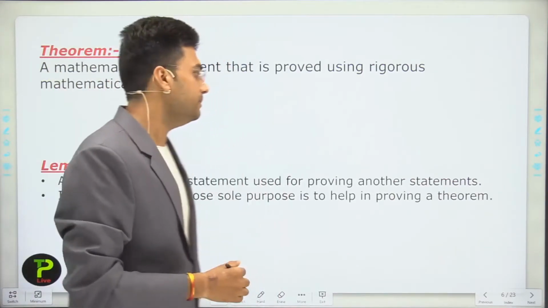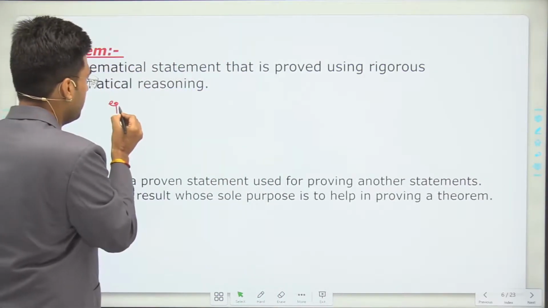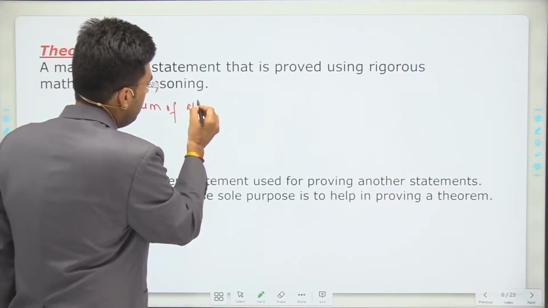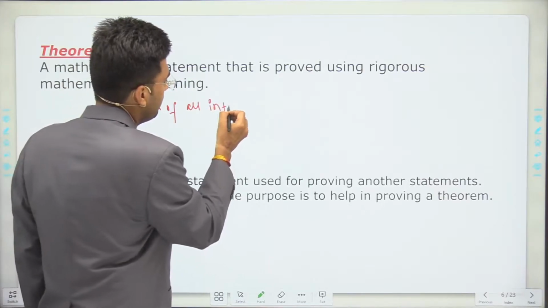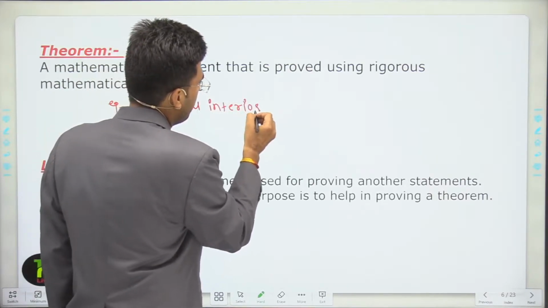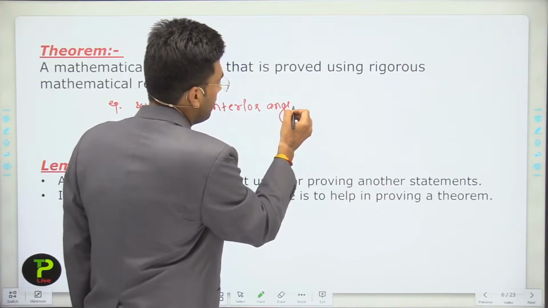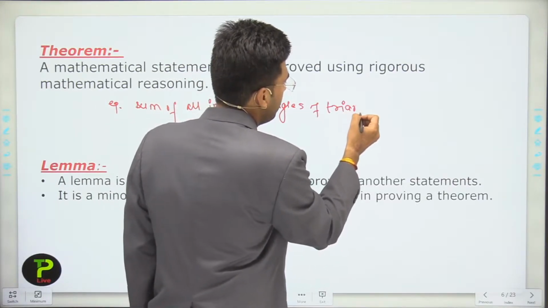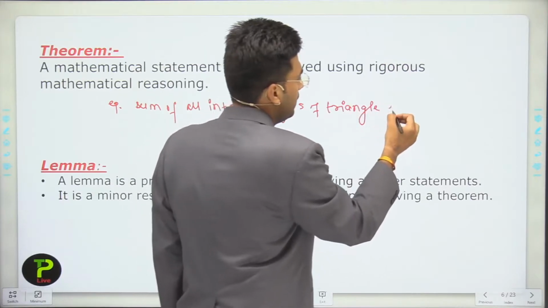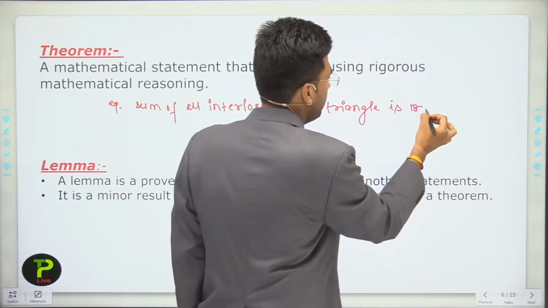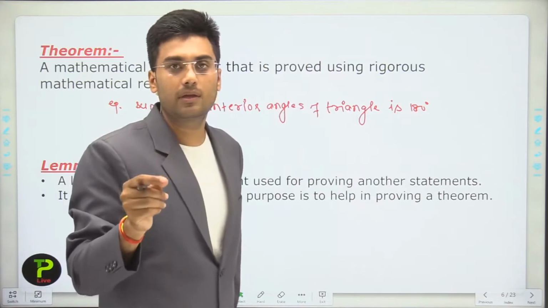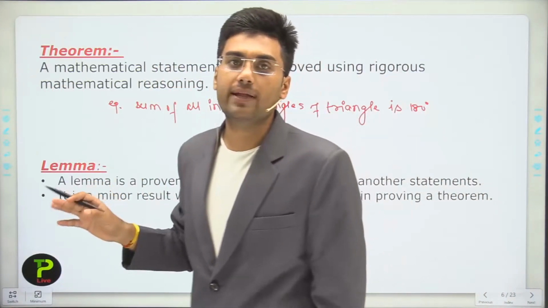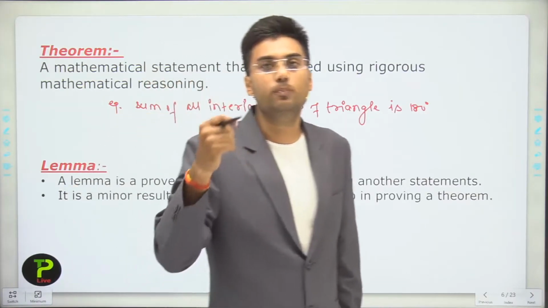For example, the sum of all interior angles of a triangle is 180 degrees. This is a theorem. It is a true statement. This is true for all types of triangles, but it requires proof.